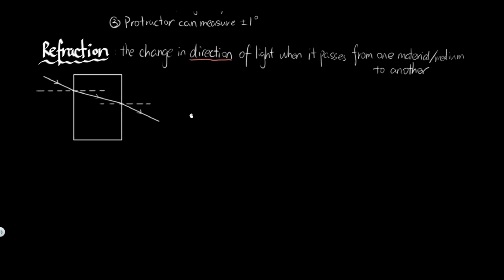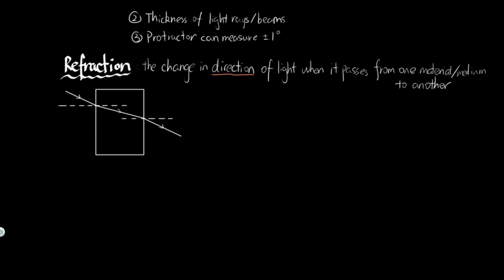So direction, the most obvious way to measure direction is if we measure the angle of the rays to the normal. So I'm just gonna quickly do this here. Let's say we're given this scenario. We have an angle of incidence of 25 degrees.